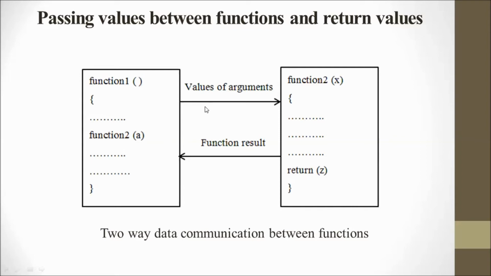Here the arrow shows that we pass some argument values. So the main function passes some values to the function, and the result of the function comes back to the main function. So here we can also say there is two-way data communication between functions.